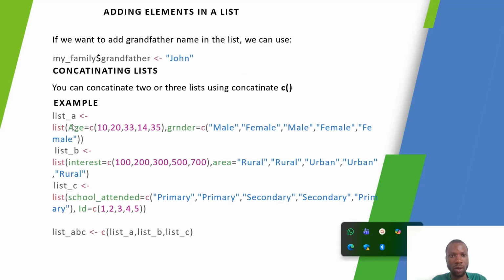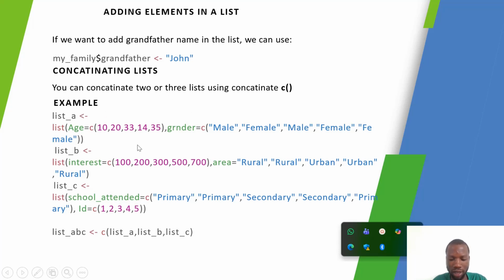Also we can add an element to a list. To add an element to a list, for example, you can use concatenating a list. We can use the letter c when we are trying to add to the list, the number of new columns, or adding values in a list.